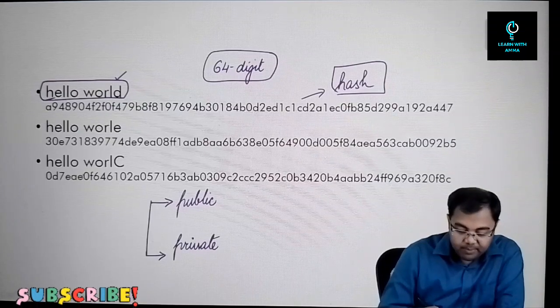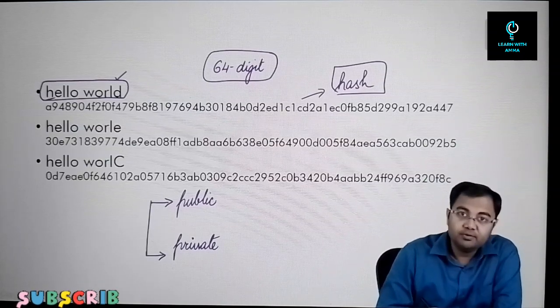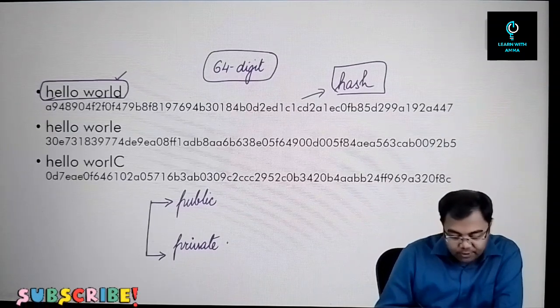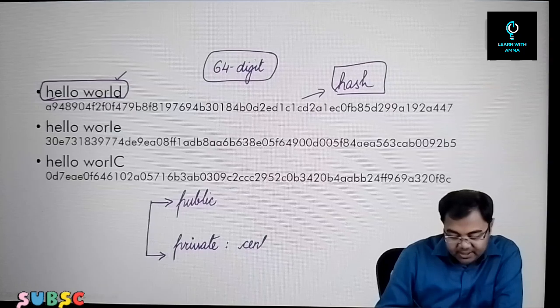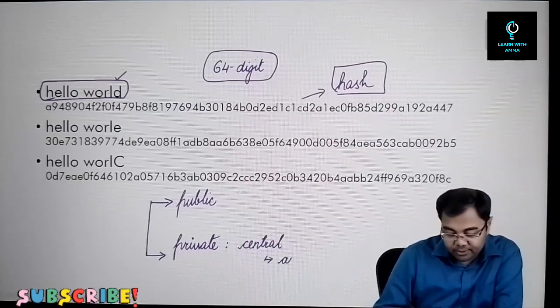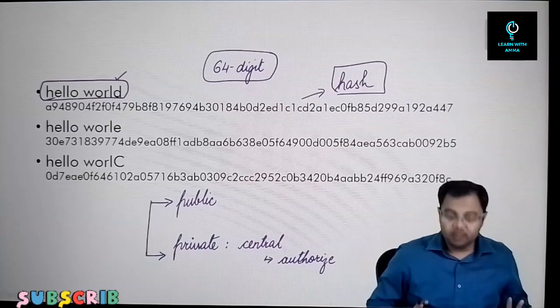Alright. So public blockchain is where this kind of hashing will be required, which will be an open, decentralized, distributed system. Whereas when you talk about a private blockchain, this is where at least a central authority will be there. There will be a central authority who will authorize who can be the users in a given blockchain.